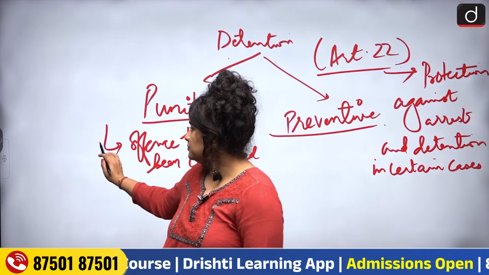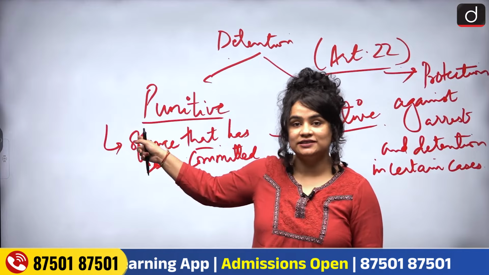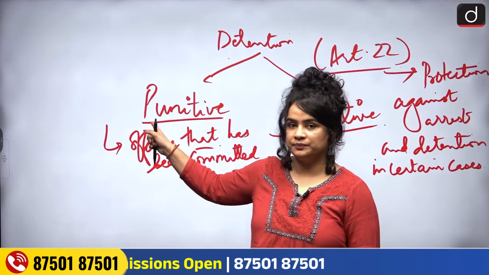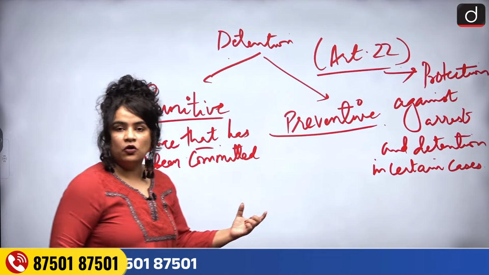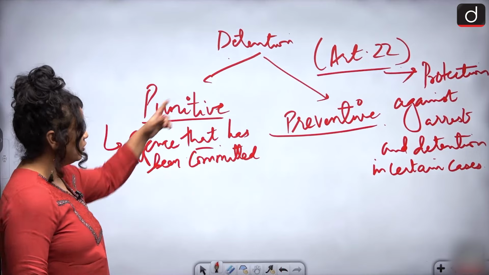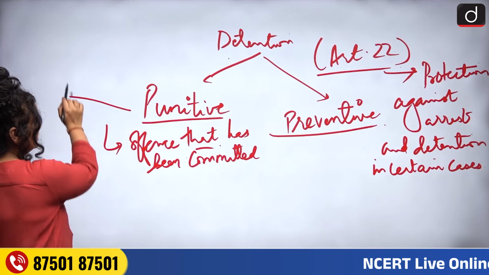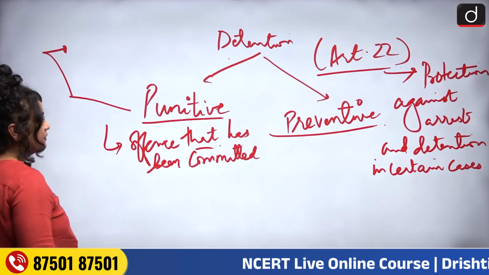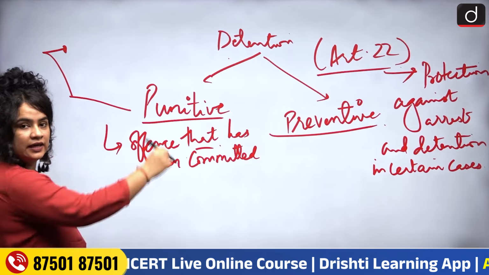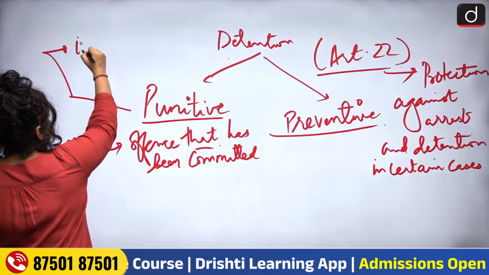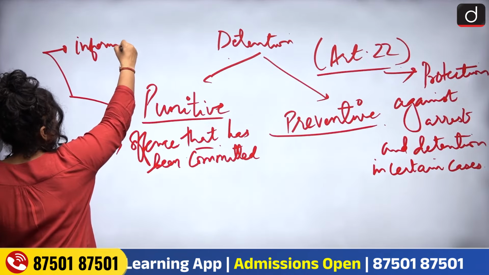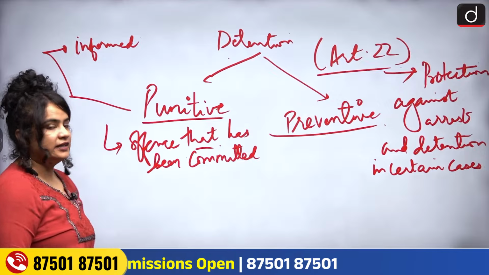But certain protections, certain rights come with this provision. The earlier clauses, at least 1, 2, 3 of Article 22, talk about the rights that a person has when arrested. First right is that they should be informed about the grounds of their arrest, all right?